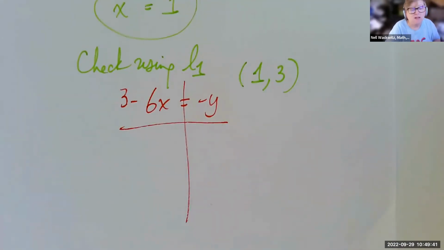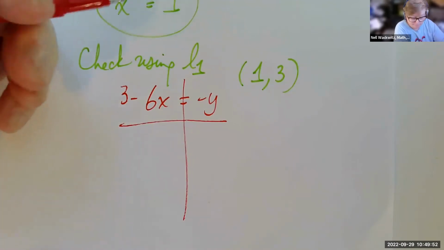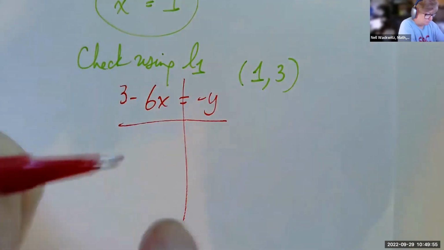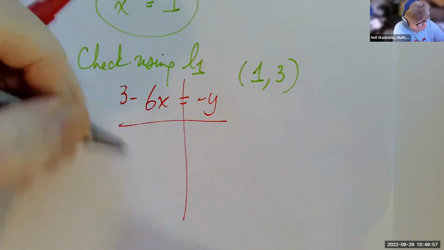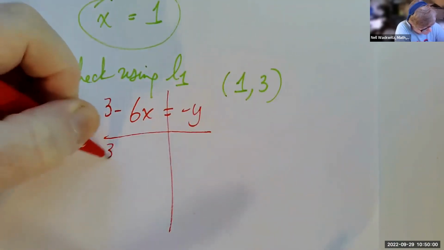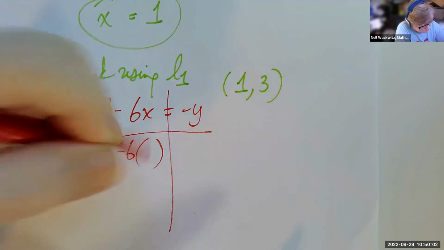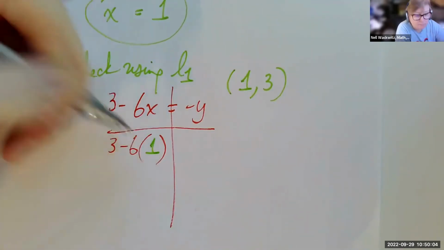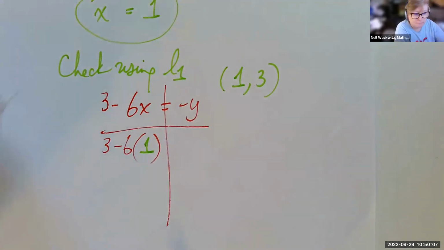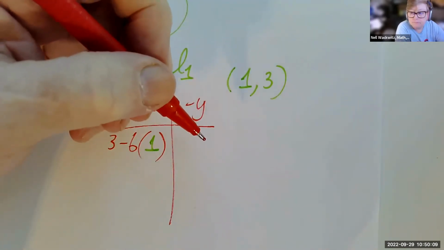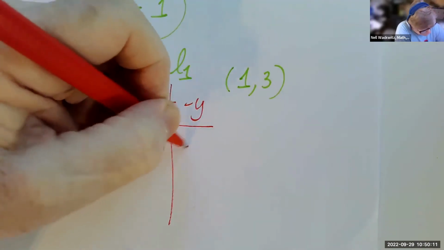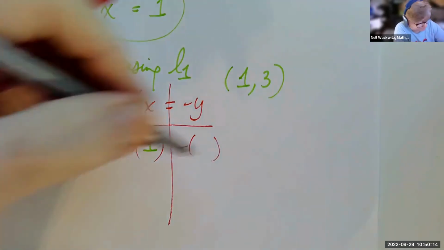So I've got 3 minus 6x equals negative y. How can I check? What should I do? 3 minus 6 and then 1 in parentheses, and then negative, and then 3.